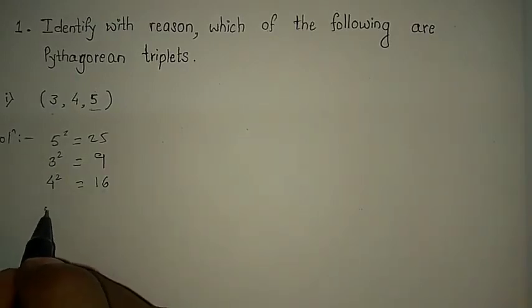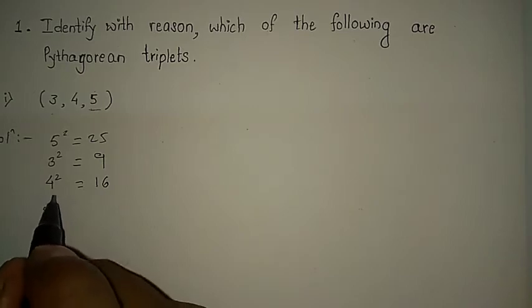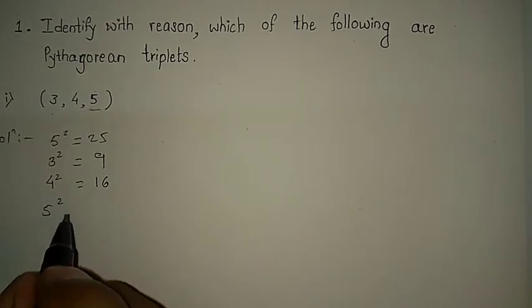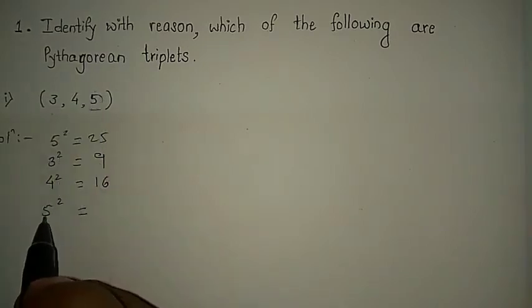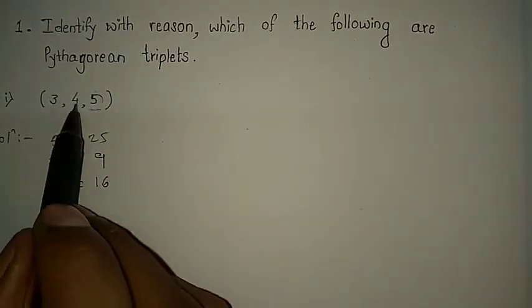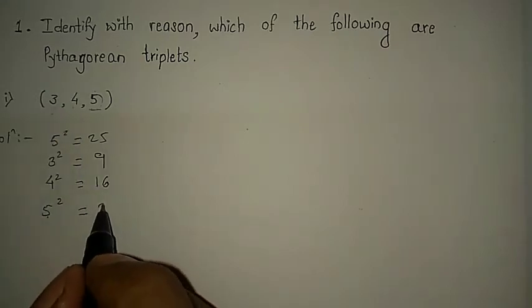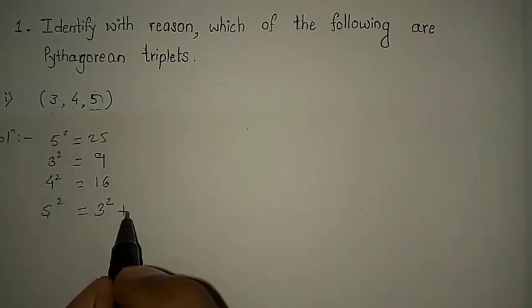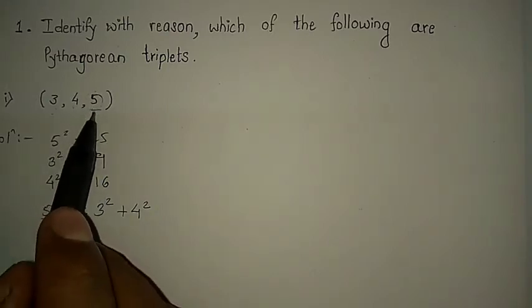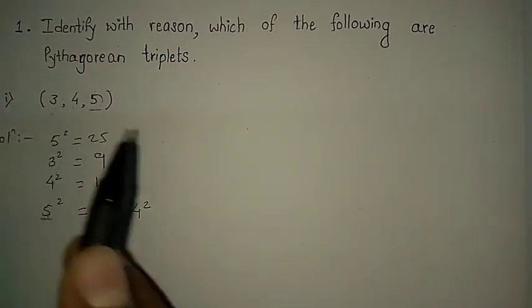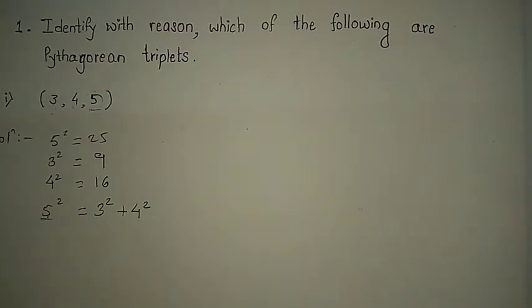So according to Pythagoras theorem, the greatest side square should be equal to the sum of the squares of the remaining two sides, means 3 square plus 4 square. 5 square should be equal to 3 square plus 4 square.